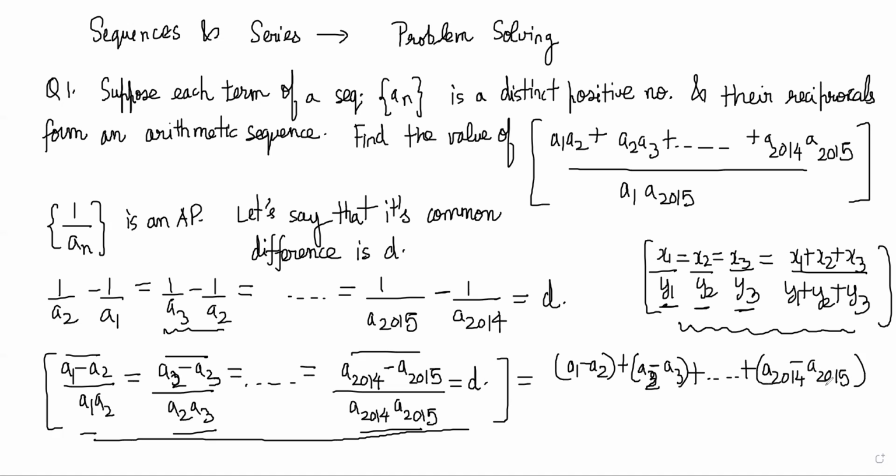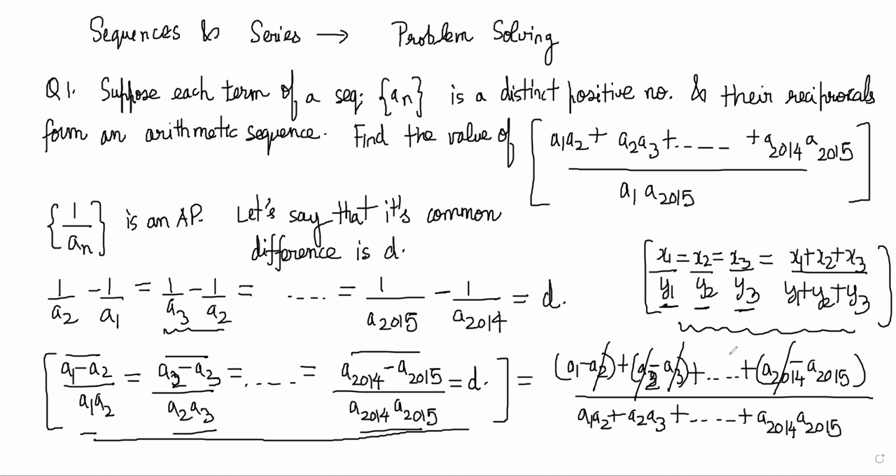I'm adding all the numerators and the denominator is simply the addition a1 a2 plus a2 a3 so on till a2014 a2015, right? So you can see it's like a telescoping series. All of these terms get cancelled and you have a1 minus a2015 by this denominator, right?